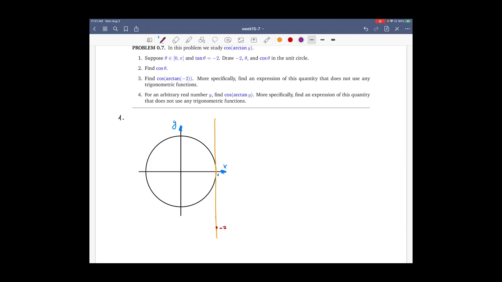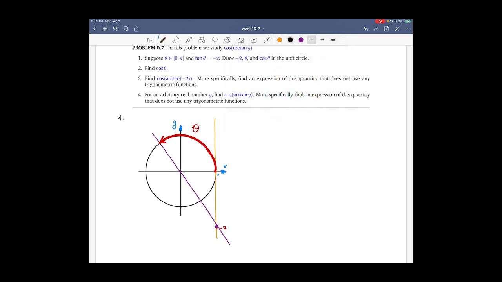So let's draw the line joining the origin and this point on the axis of tangents. Of course, there are many angles whose tangent equals -2. We want the angle which is here. That is theta.